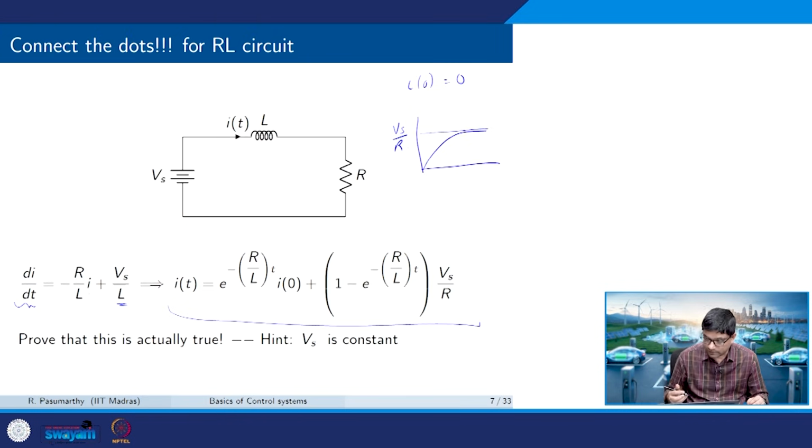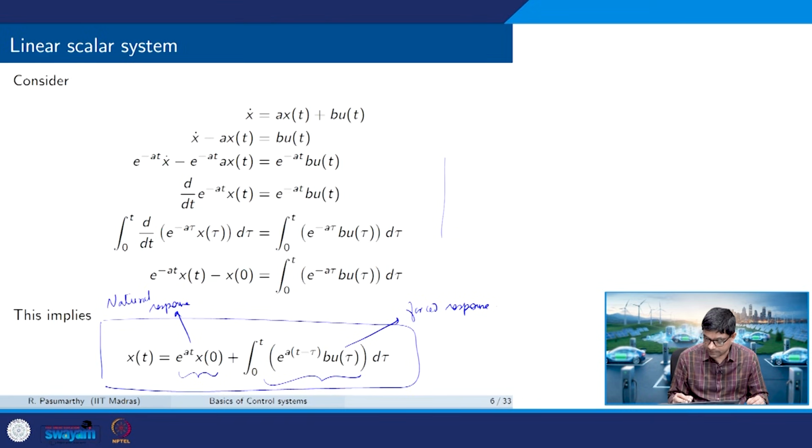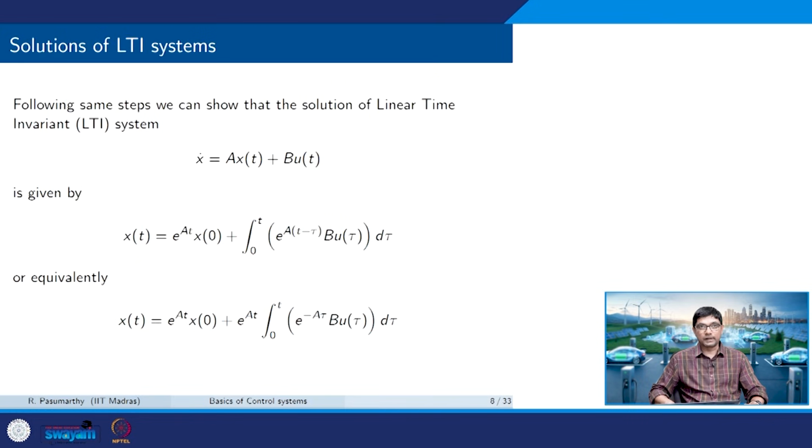From my previous calculus experience, I would know what e power at looks like. Now, if I go to a multi-state representation, A is no longer a scalar. These are matrices. This is also a matrix, and let's assume that the system has just one input.